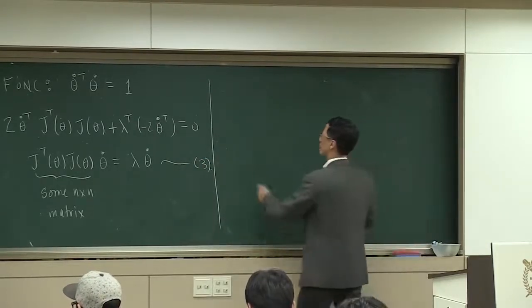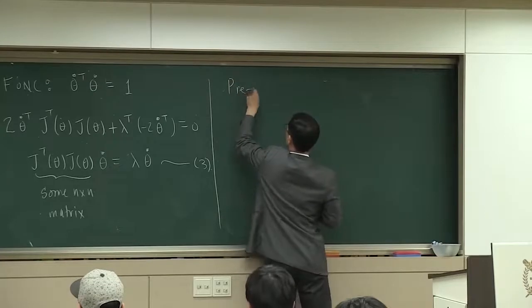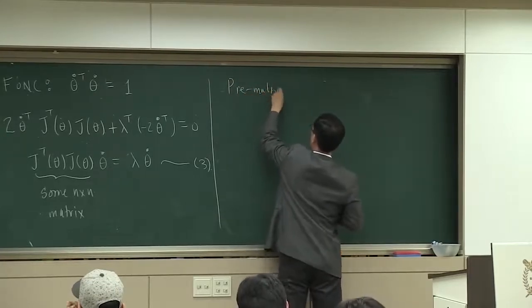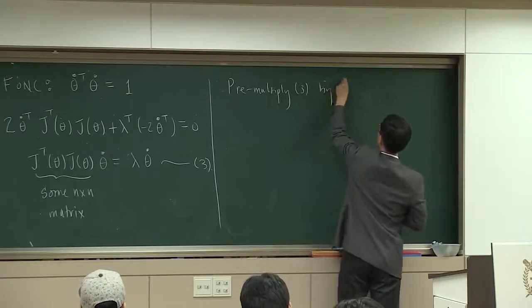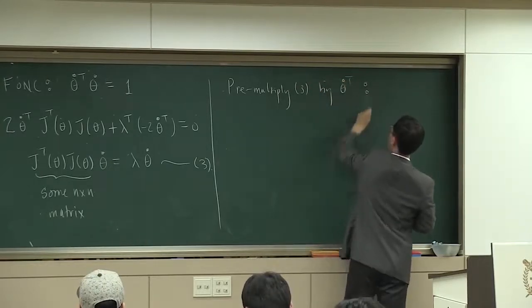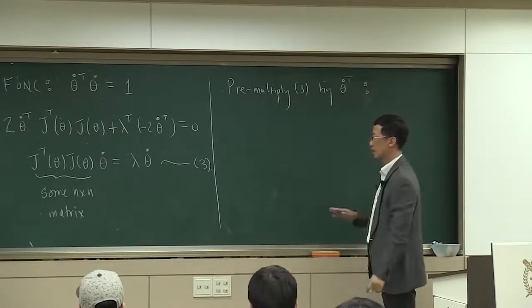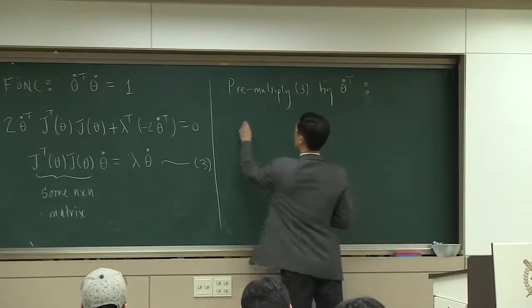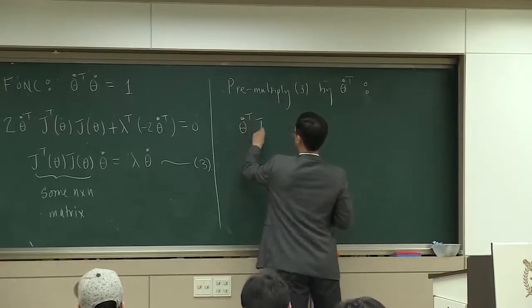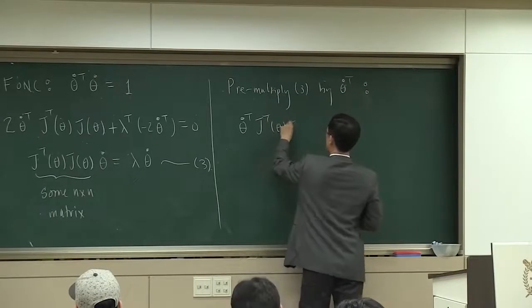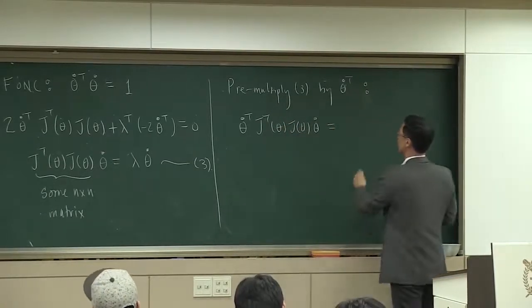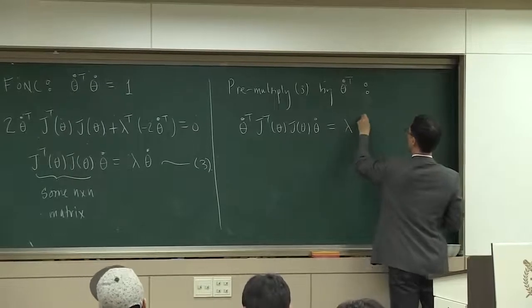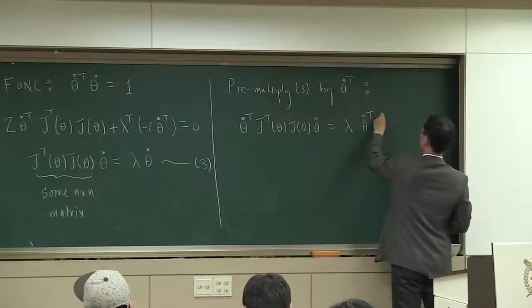If we now pre-multiply equation 3 by theta dot transpose on both sides, we get theta dot transpose J transpose J times theta dot is equal to lambda times theta dot transpose theta dot.